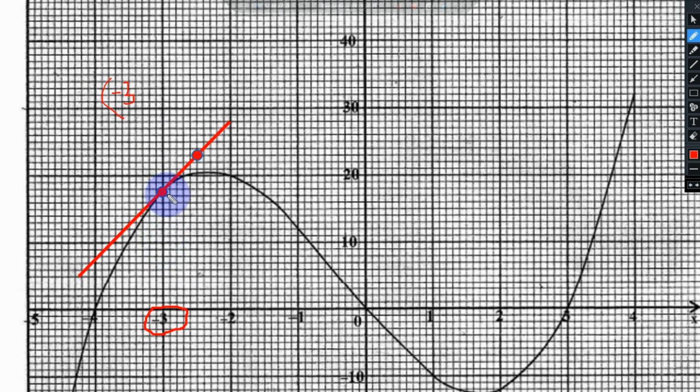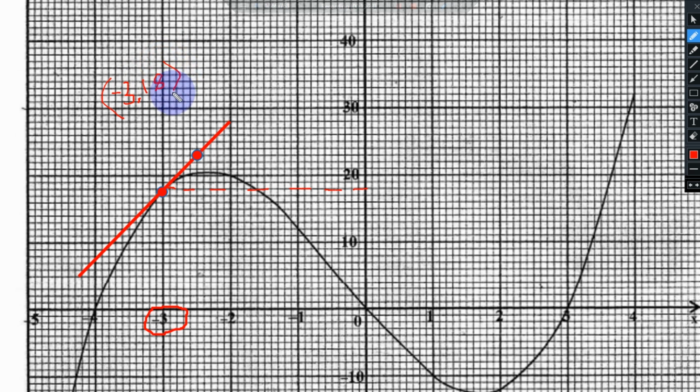So my y value in this case will be 18. You can see here where it's going. So my y value is 18.